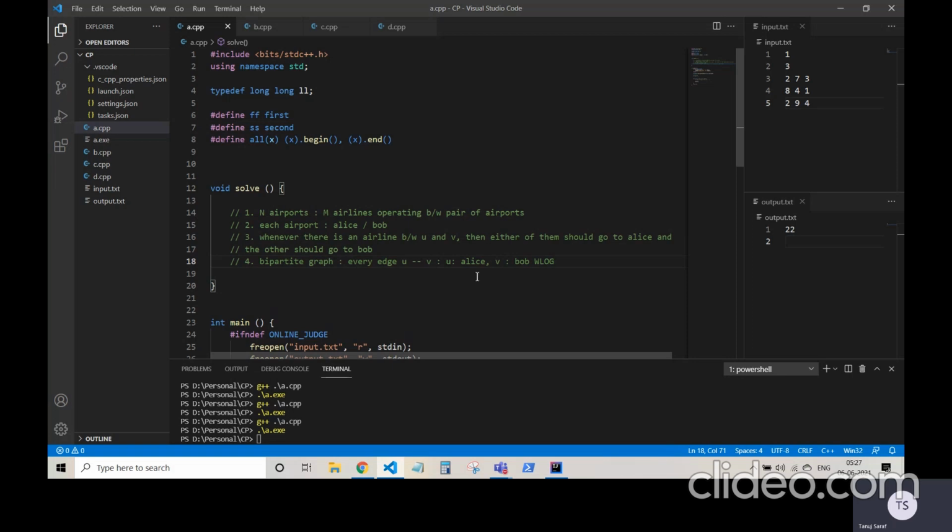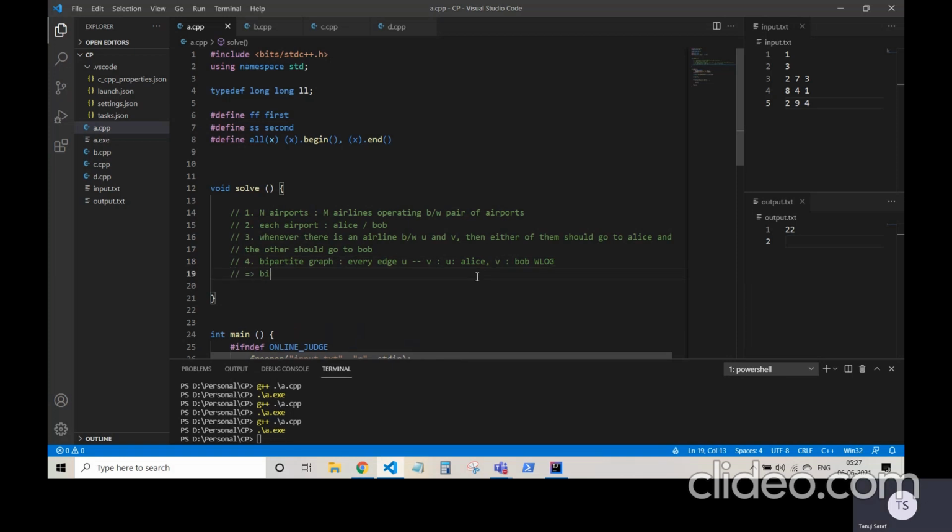In a bipartite graph, we have two sets of vertices and all the edges in the graph go from one set of vertices to the other one. There are no edges inside between pairs of vertices of the same set, right?